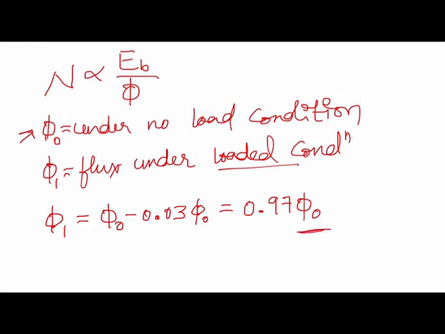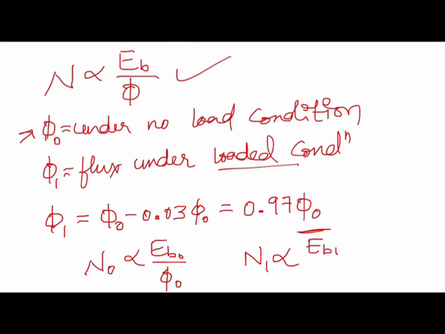Now by using the relation N directly proportional to Eb by phi, under no load condition it is N0 directly proportional to Eb0 divided by phi naught. Under loaded condition, the speed N1 is directly proportional to Eb1 divided by phi 1.